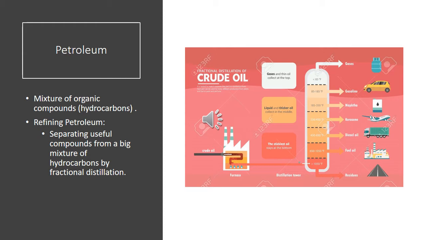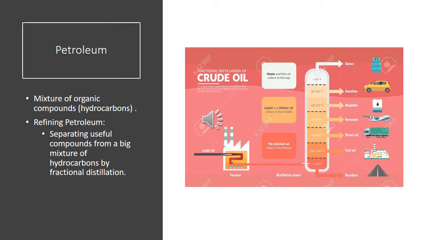Petroleum is pumped in at the base. The compounds start to boil off. Those with the smallest molecules boil off first and rise to the top of the tower. Others rise only part of the way depending on their boiling points and then condense.